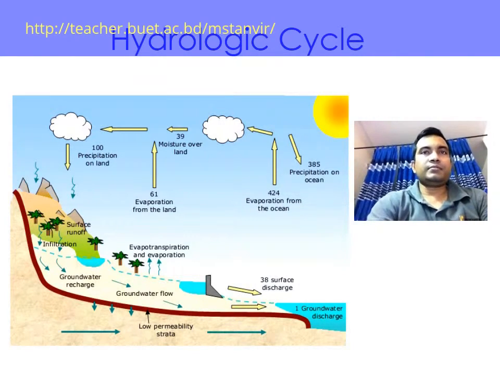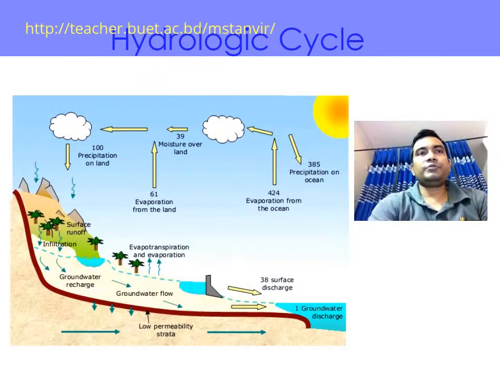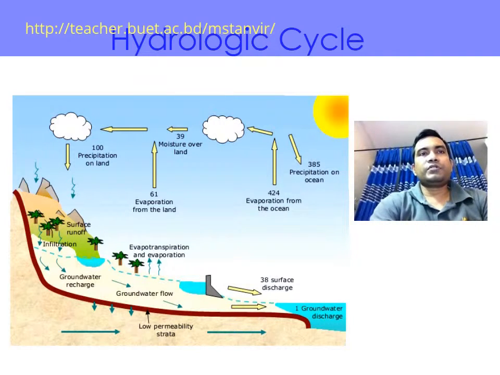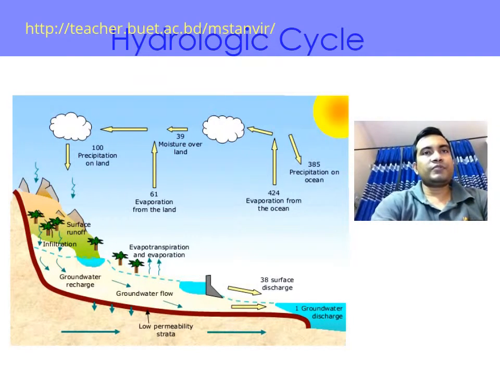The global system that supplies and removes water from Earth's surface is known as the hydrologic cycle. Water is transferred to the Earth's atmosphere through two processes, evaporation and transpiration.